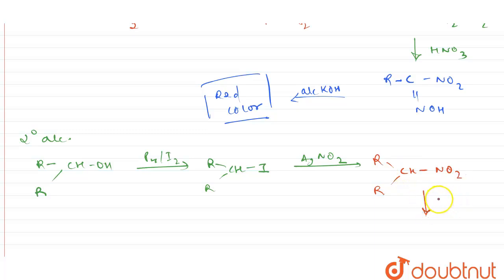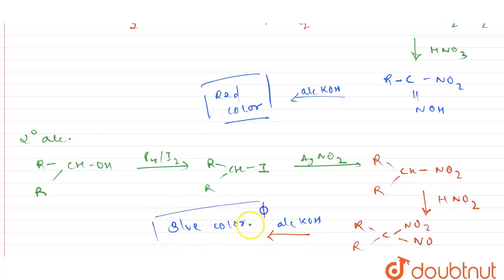Next is treatment with HNO2, which will give you the product R2C(NO2)NO. When this is treated with alcoholic potassium hydroxide, we are going to get blue color, which will indicate the presence of secondary alcohol.